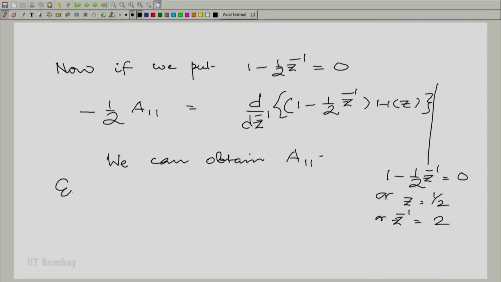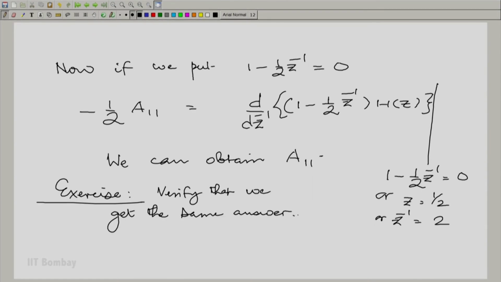Now, the exercise for you is also to verify that you get the same answer. In fact, this method is more general, because if you have a higher power of the factor 1 minus half Z inverse, for example, suppose you had 1 minus half Z inverse to the power 3. Let me show you just the important steps.